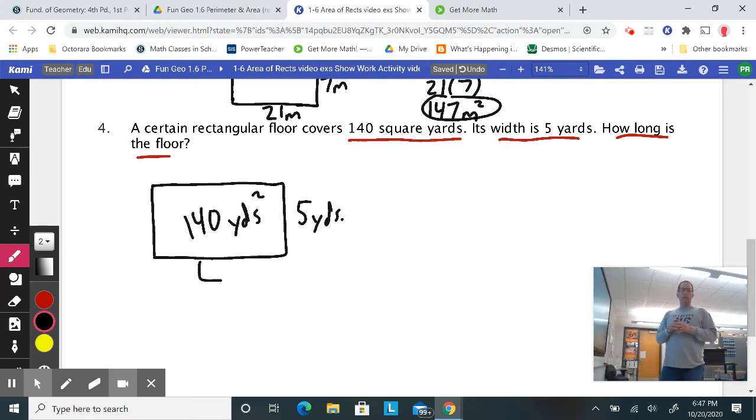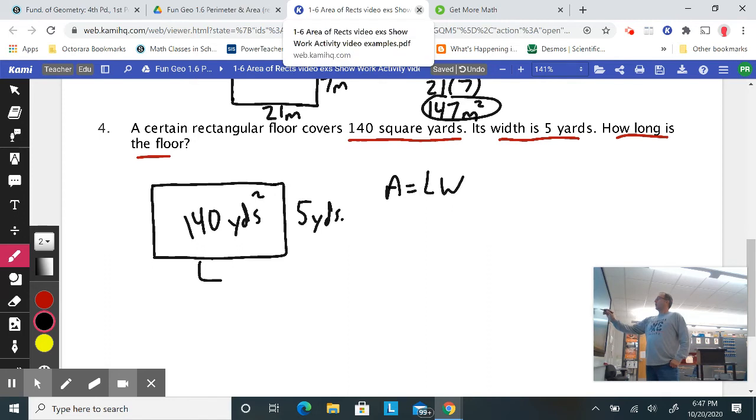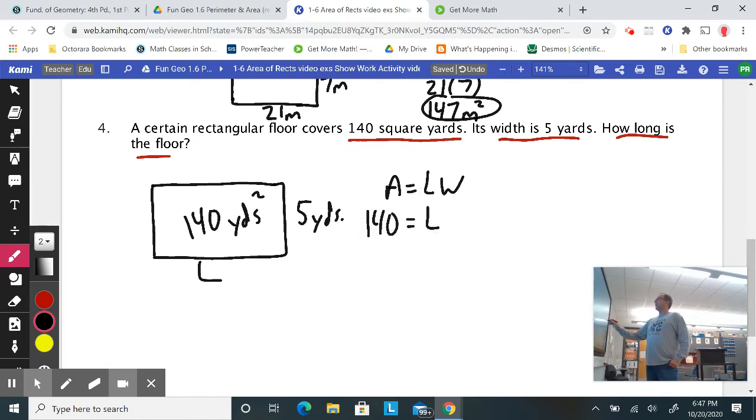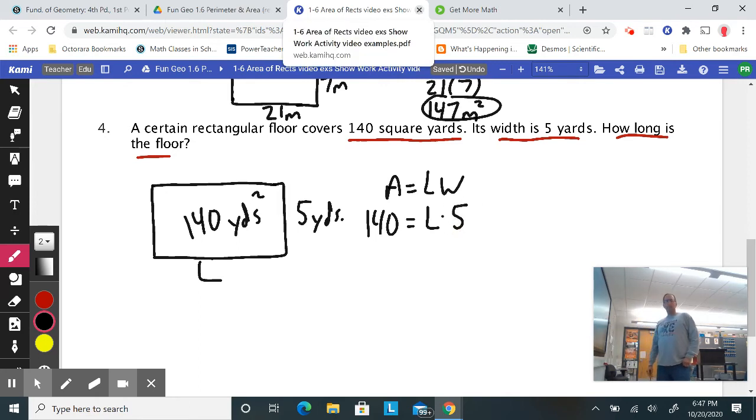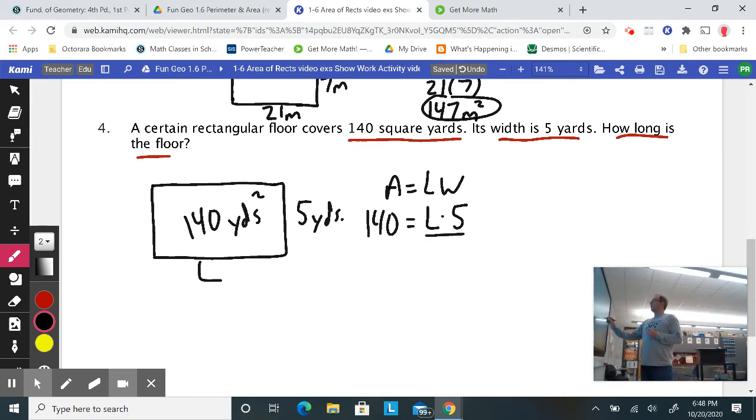I'll call it L. So again, the formula, area equals length times width. We know the area is 140. We don't know the length, but we know the width is 5. So we want to get L by itself. In order to get L by itself, we need to divide by 5 on both sides.